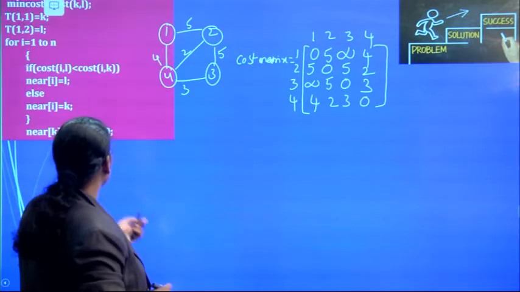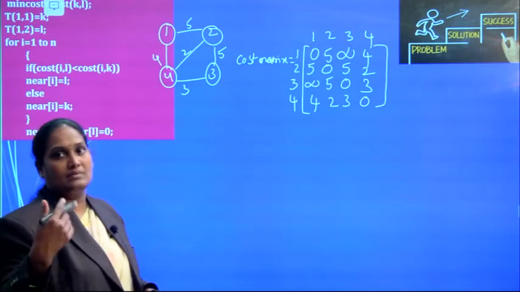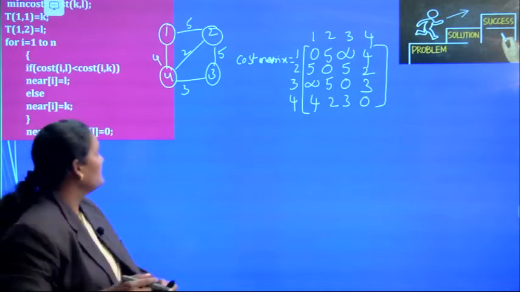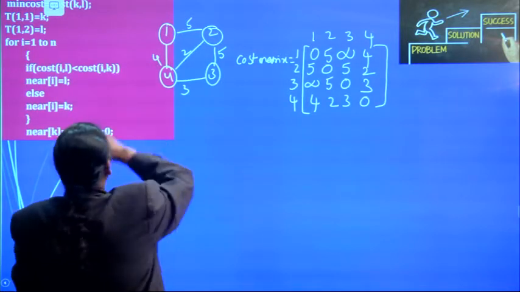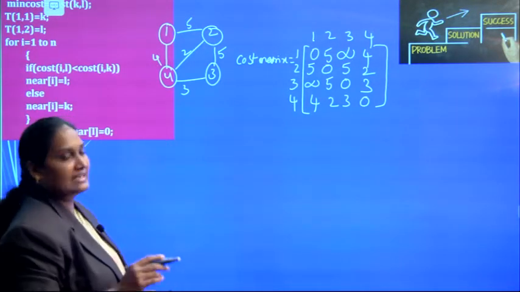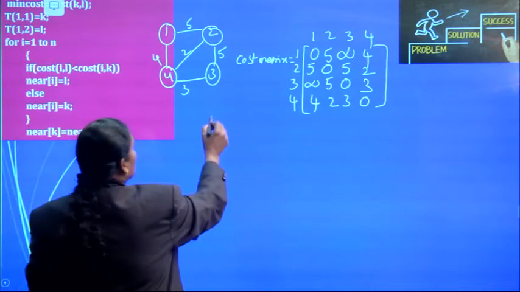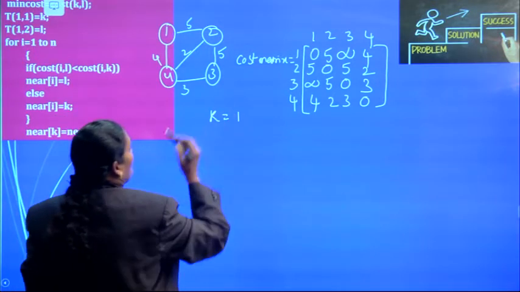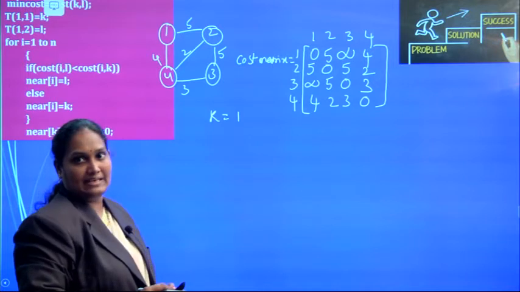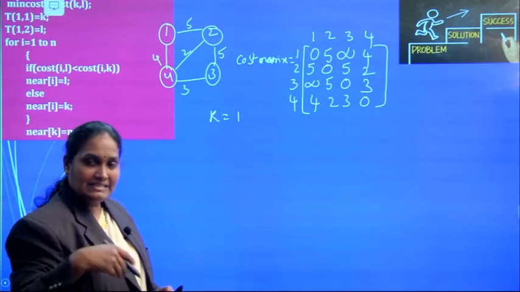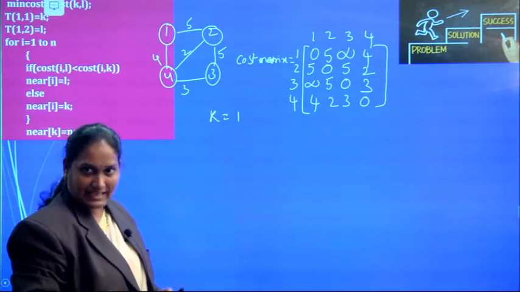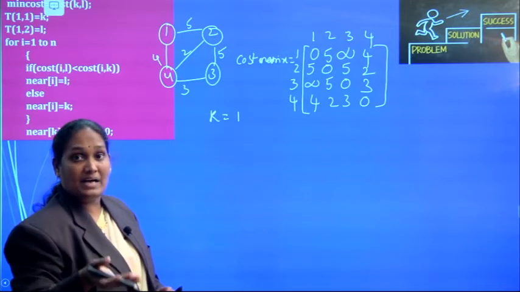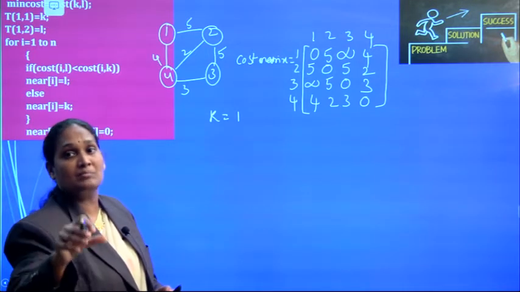Now how can I implement Prim's algorithm? Let us see. First we need to select a vertex k. Here I am going to select vertex k as 1. Next I need to select another vertex L, such that k comma L should be of minimum cost.